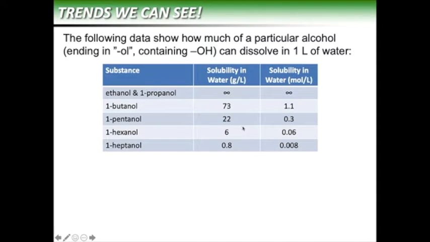Pentanol, notice it drops down to 22, and that is an even more precipitous drop here in the molar solubility because pentanol is heavier. So 22 grams of pentanol is even less molecules than 22 grams of butanol would be. And we keep on trending downward. Hexanol.